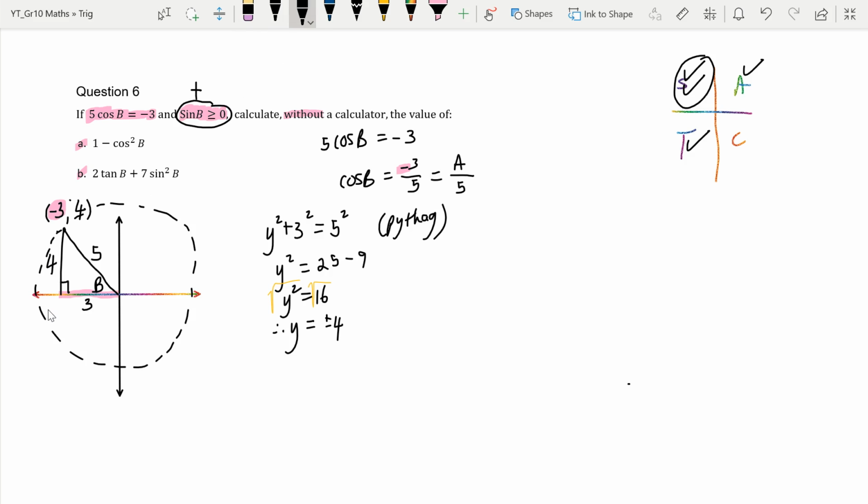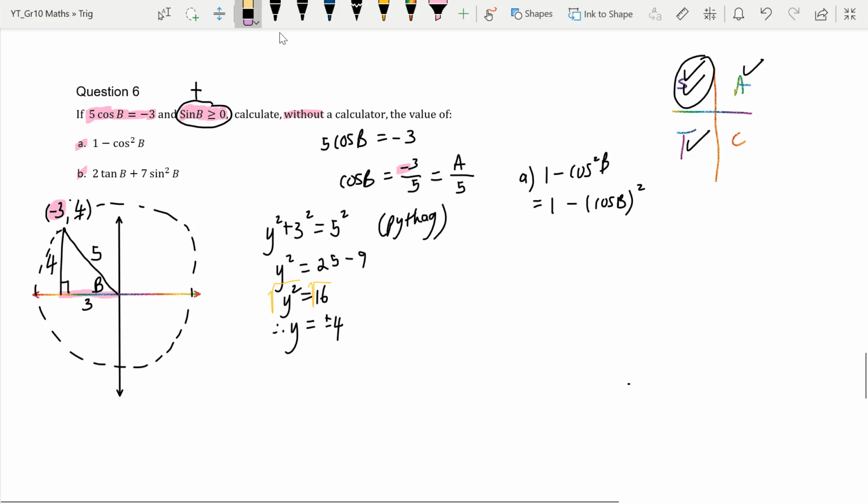Okay, and now we've got all the information that we need to go answer these questions. So let's go do that. Without a calculator, we are going to find the value for 1 minus cos squared beta. And that means that 1 minus whatever cos beta is needs to be squared. Well, we already have that. They gave that to us in the beginning, which is negative 3 over 5.